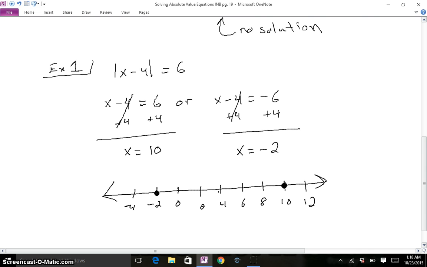So here's 4, and if you count 2, 4, 6, from here to here is 6 units, and from 4 to 10 is 6 units. Now remember, distance is always positive, so it's equal distance to 4, and that is your absolute value as it looks.